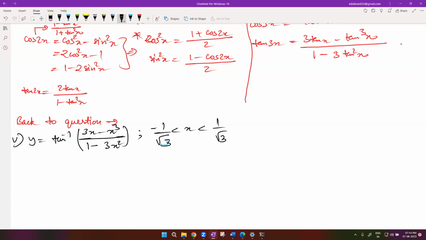So to solve this, we must reduce the function first. To reduce the function, you'll have to replace x with some function. First of all, observe which of the trigonometric identities written above resembles this. If you replace x with what?